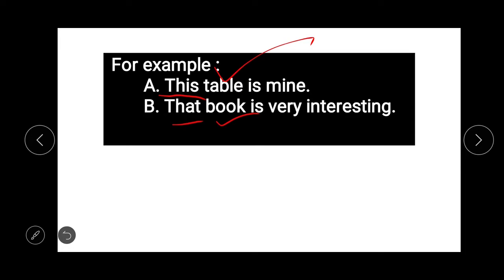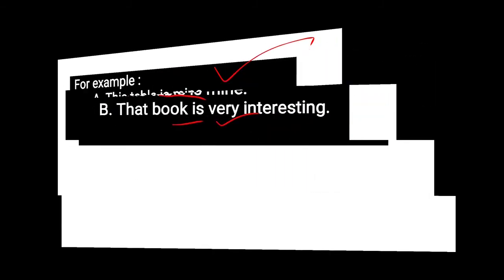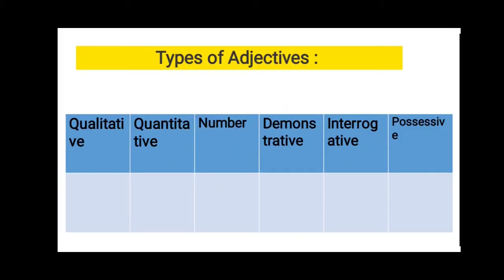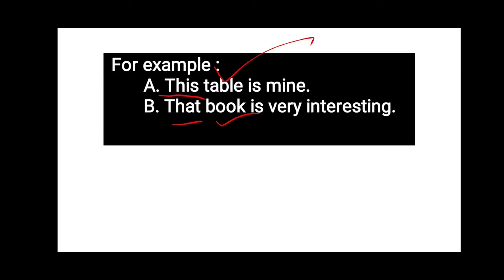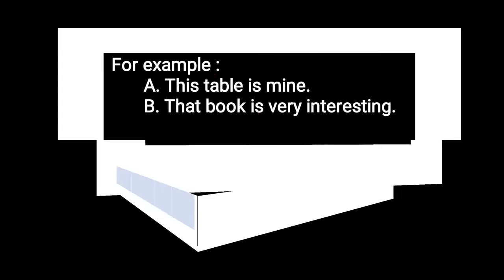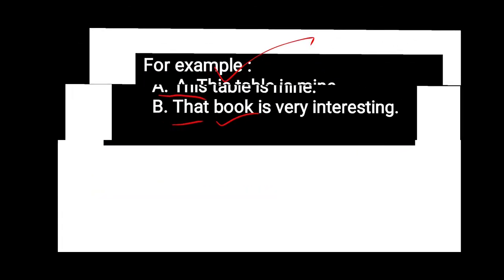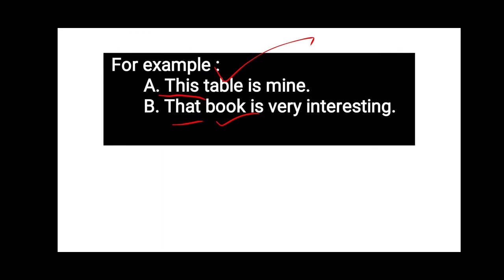In the first example, the word this is pointing out the noun table. Again, in the second example, the word that is pointing out the noun book. That's why they are called demonstrative adjectives.